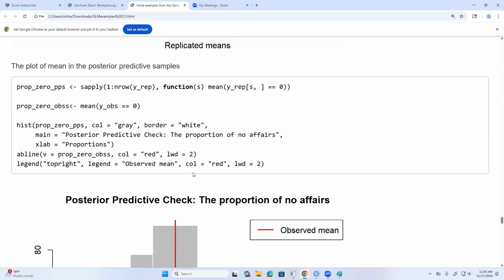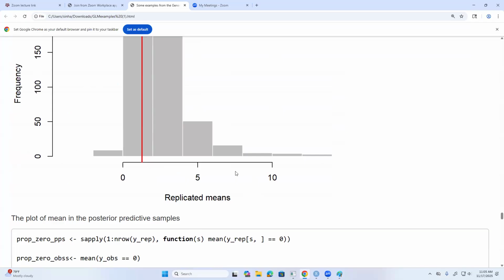For example, if you want to calculate some extreme values, like having more than 5 affairs, you can calculate that proportion for your observed data, calculate that proportion for every predictive sample, and see whether your proportion is within the predictive distribution of that proportion also.